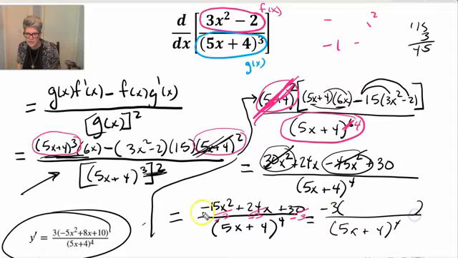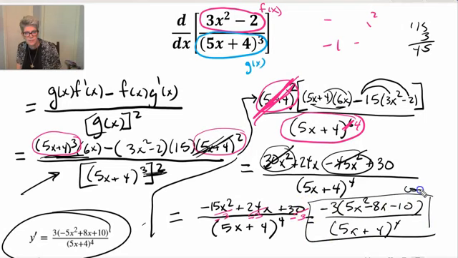And then what would be left in here is negative 15x squared divided by -3 is positive 5x squared. 24x divided by -3 is minus 8x. And 30 divided by -3 is -10. So this is also a correct answer. But I'm just looking at the form that I was given for the answer, and they wanted to do it that way. Okay, but you need to be familiar with how both of them look.